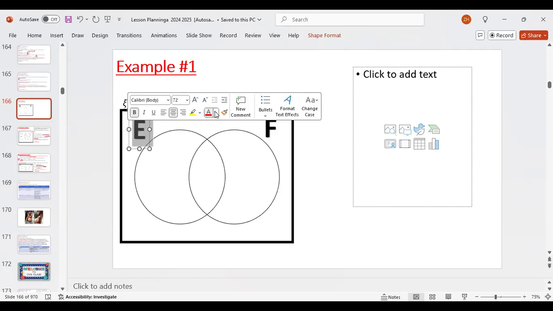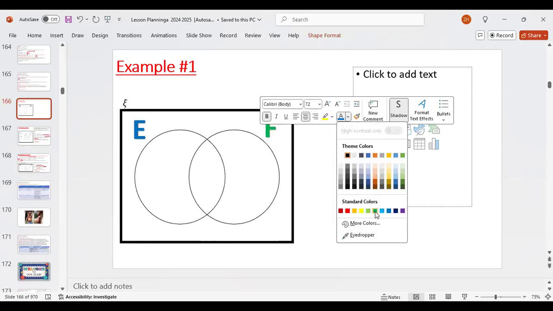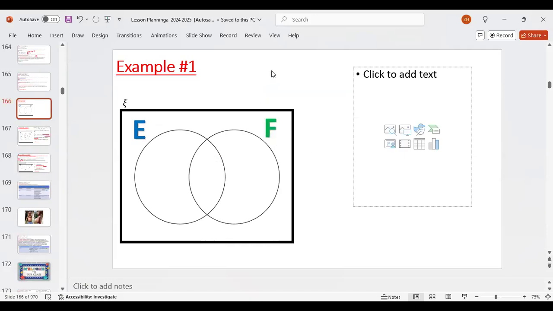Let's label this with the blue color. Let's use green for this one. So make sure you draw this very neatly inside of your book. Make sure it's very neat.